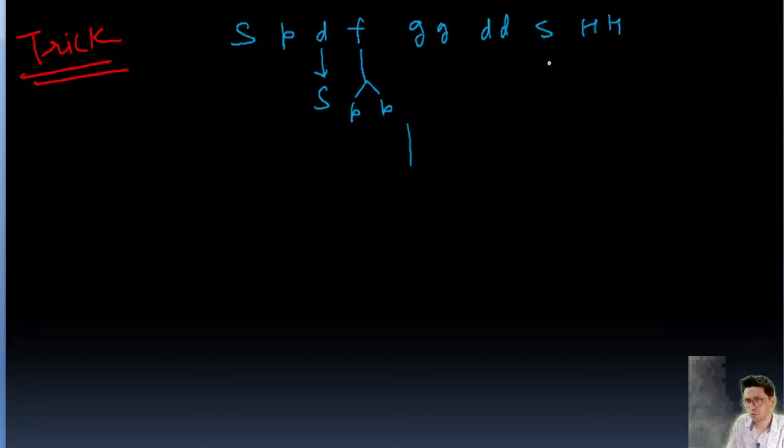If you know SPDF, and that D splits into D and S, and F splits into F and 2P, that is enough. But I'm going to tell you the configuration for these as well: G, G, D, D, S, H, H.